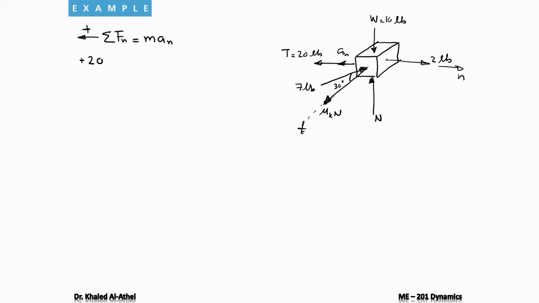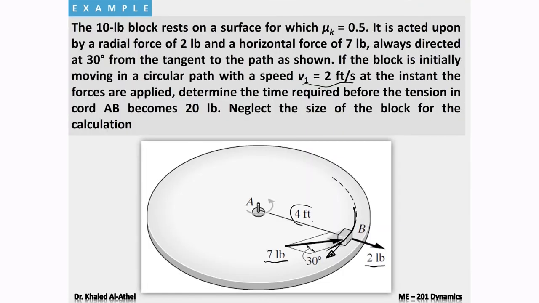So I have 20 pounds minus this 7 pounds will give you a component, so it's going to be minus 7 sine 30 degrees, which should equal the mass, which is the weight 10 divided by 32.2, multiplied by AN. Now AN, if you remember from kinematics, equals V square over rho, and rho in this case equals 4 feet.